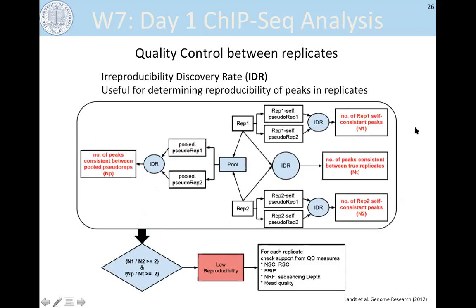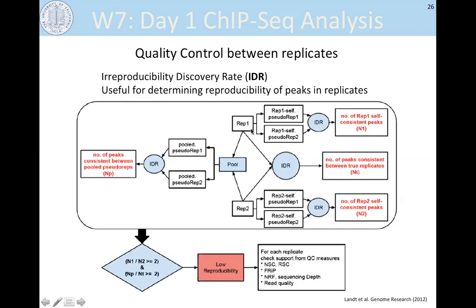So some other calculations you can do in terms of assessing reproducibility between replicates, again, is calculating the IDR between replicates to get a number of peaks that are consistent between true replicates. This is going to be a value that's represented by NT for the true replicates. And then you can compare that to an NP, which is a number of pseudo replicates.